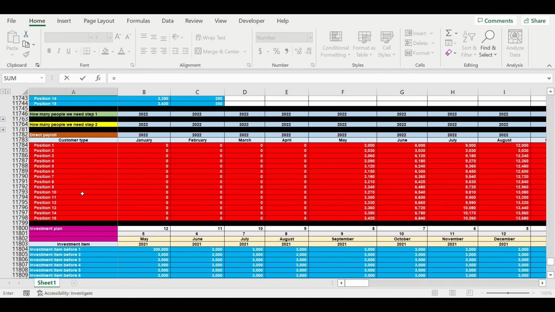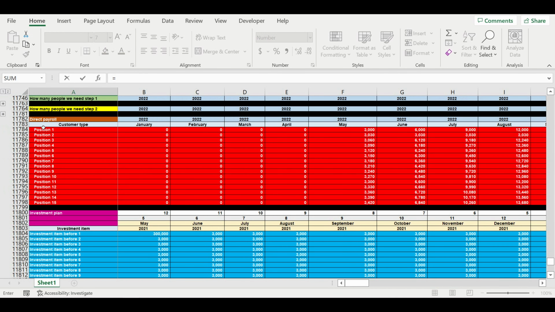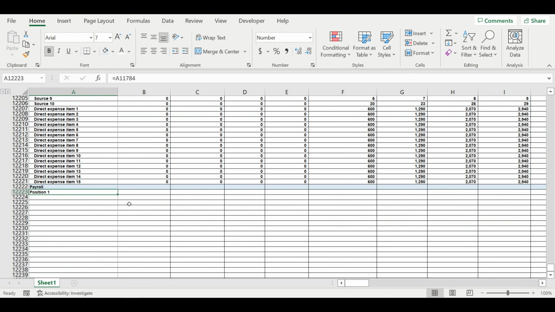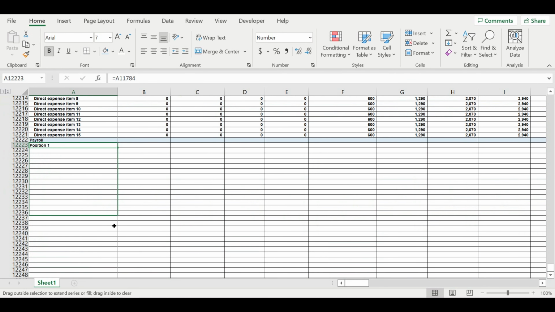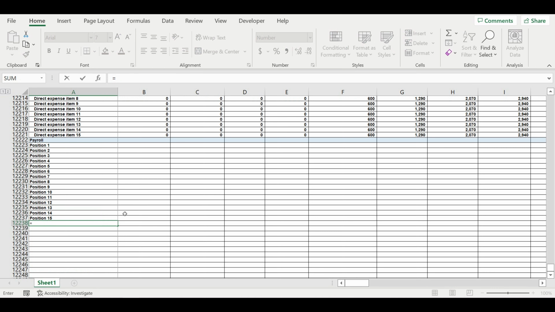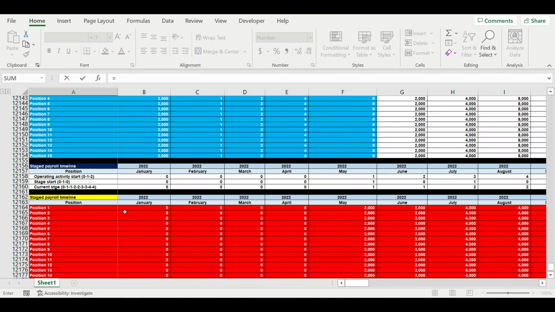Direct payroll. It is the first part of payroll. And the second part of payroll is a type of fixed costs.